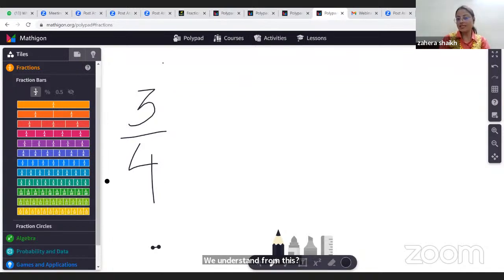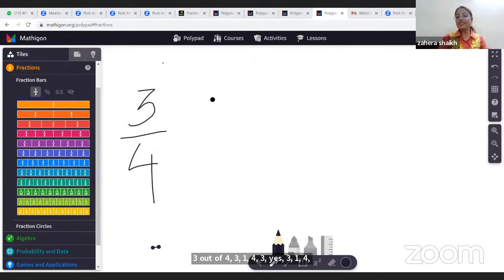What do you understand by this representation? Is it 3 out of 4 objects or 3 1/4? 3 parts out of 4? Yes, 3 1/4. Not 4 out of 3.